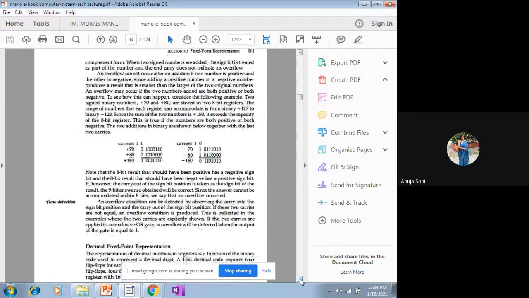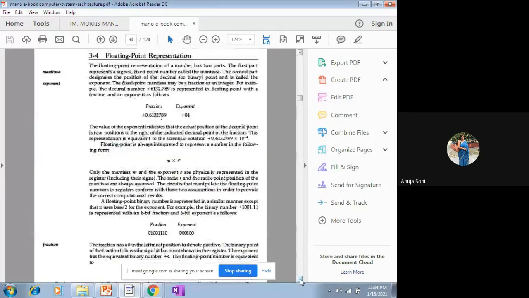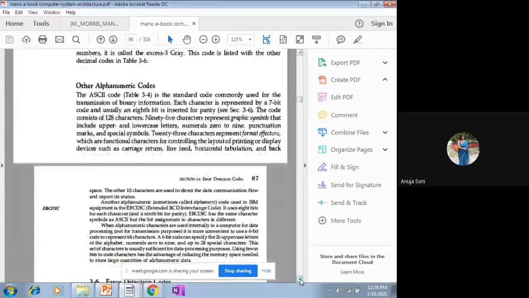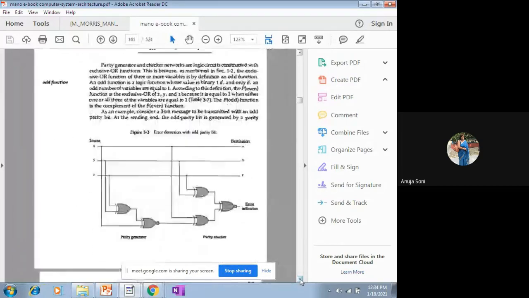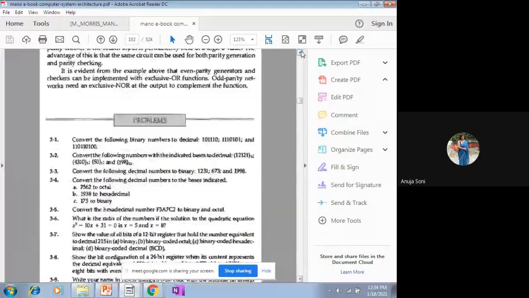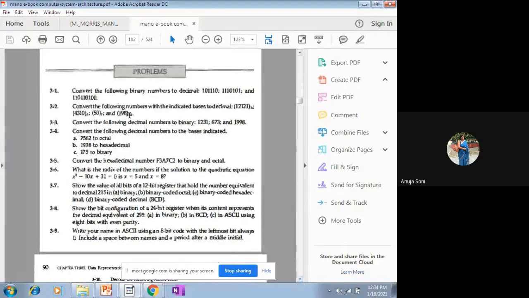Now based on today's concepts, you have to solve the back exercise questions, and in the next class I will take all the doubts from the back exercise as well. I already gave you questions 1 to 7 to solve. Afterwards, question 8 you also have to solve.